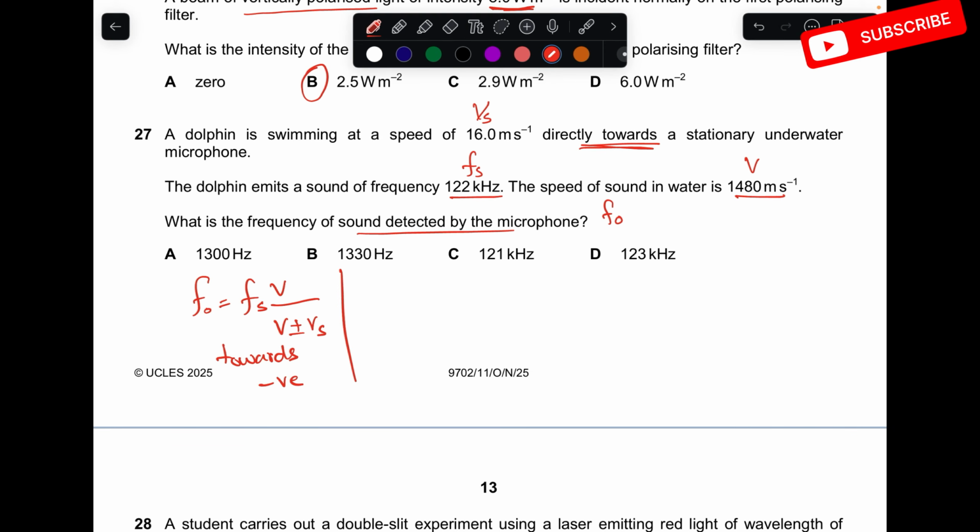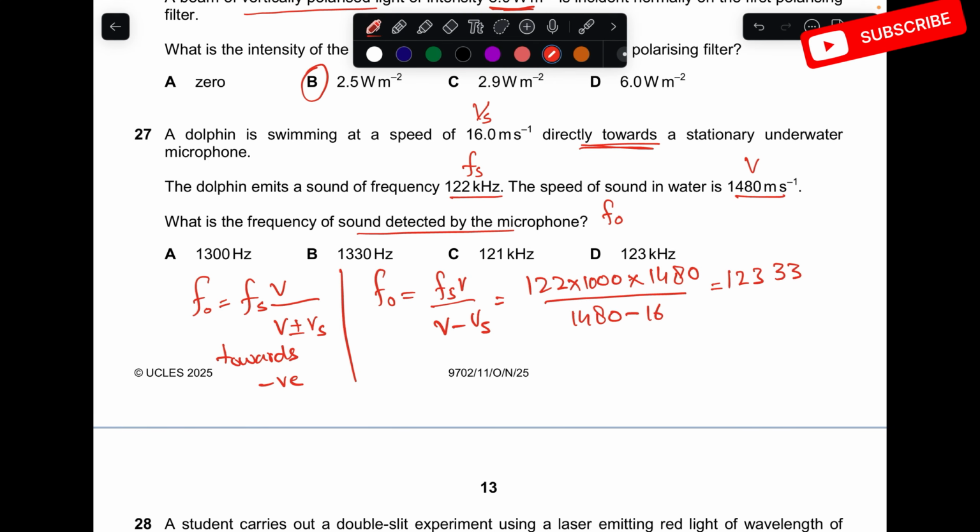So F naught is equal to Fs V divided by V minus Vs. Fs, you know, is 122 kilo, kilo meaning thousand, multiplied by V, which is 1480, divided by V minus Vs, 1480 minus 16. This will give you 123333.33. That can be rounded off to 123 kilohertz. It's option D that is correct.